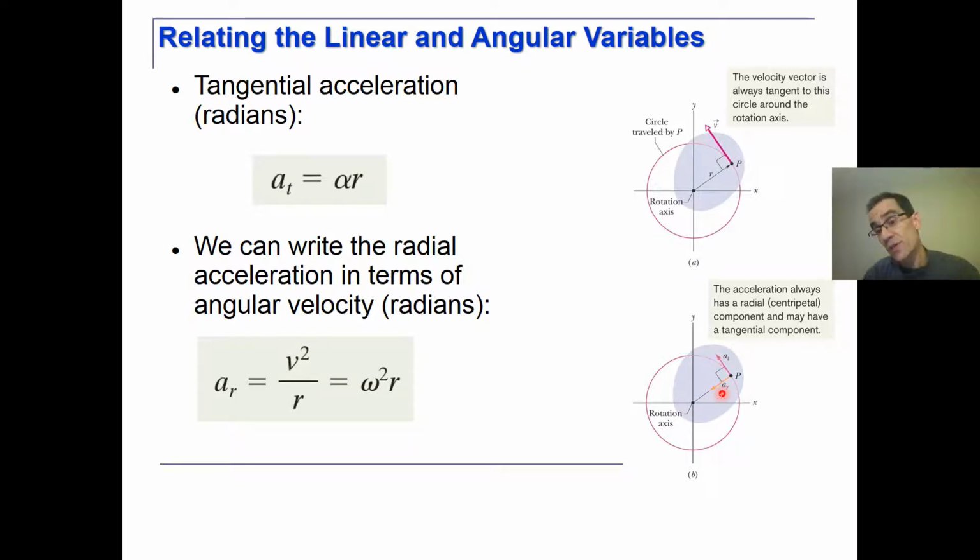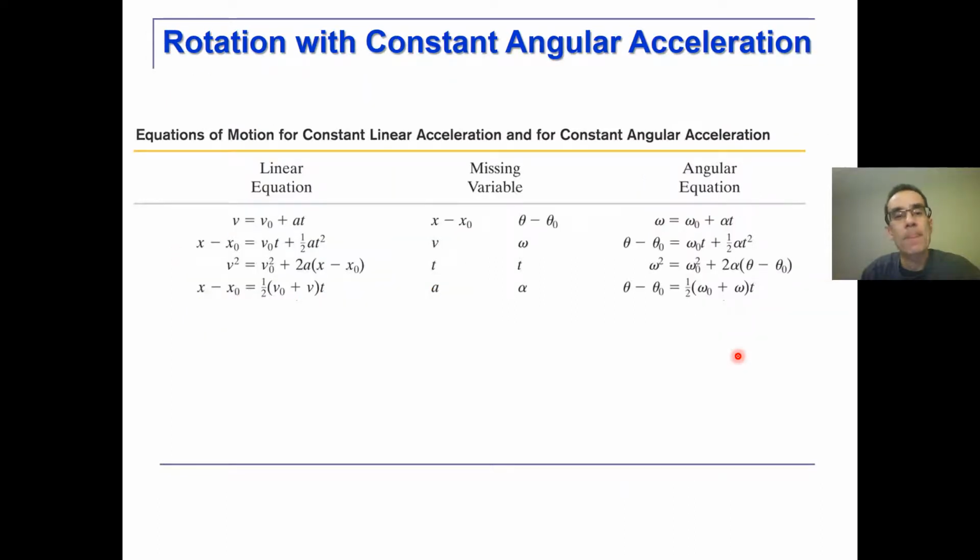The centripetal is always non-zero. The centripetal is always going to be there if the object is rotating, because the direction of the velocity needs to change. But if the magnitude of velocity doesn't change, that means the tangential is zero. I'm saying many things. You need to say these things to yourself and reflect on this. This is also a discussion that is very well described in the textbook, right?